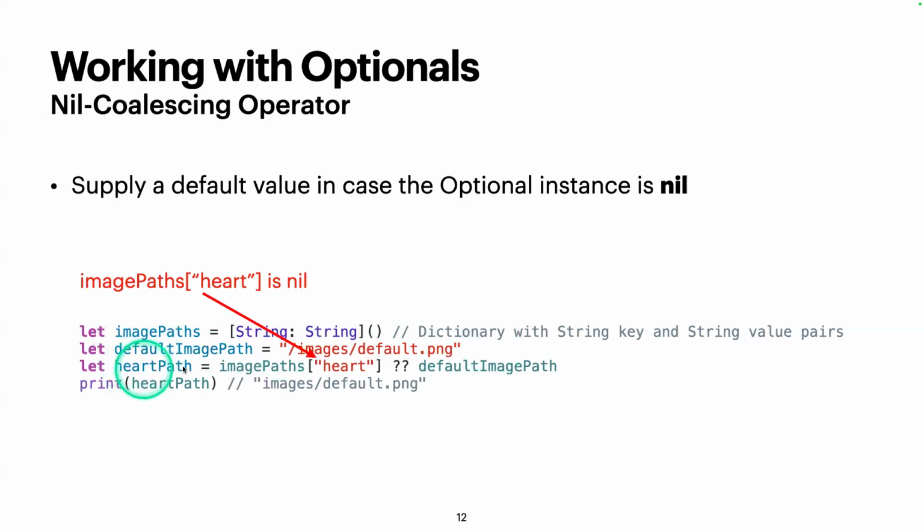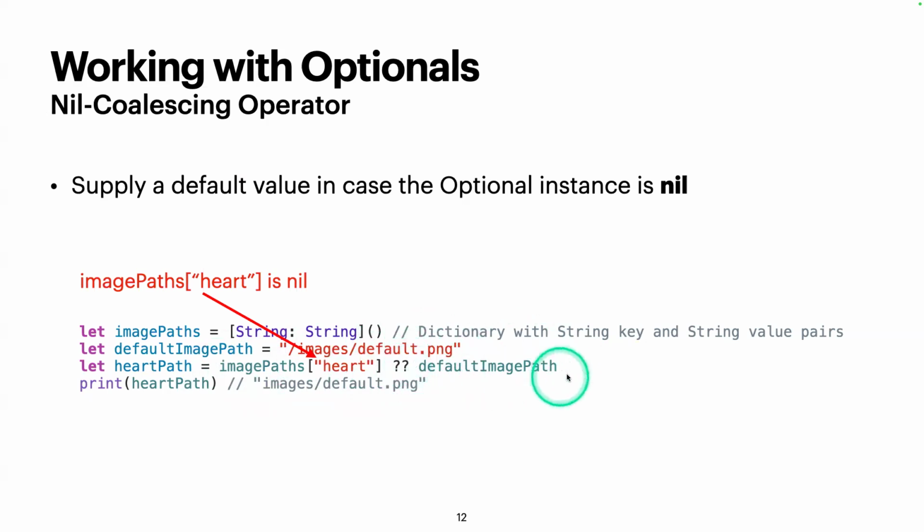And then here we have a variable called heart path, and it's assigned to some value given to the right. Here, we check to see if image path's heart, again, this returns a string. And again, accessing a value from a Swift dictionary returns an optional by default. So we need to check to see if it's nil or not. If it is nil, we go and return this value.